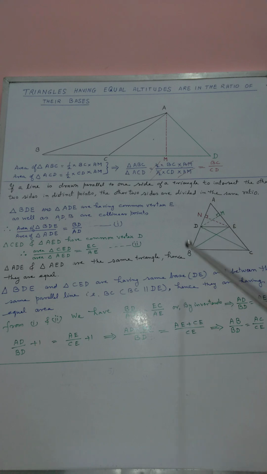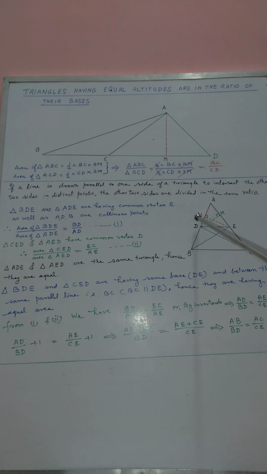Here you see ABC is the triangle and DE is the line which is parallel to BC, and DE intersects the line AB at D and AC at E, two distinct points, that is D and E. From D we drop a perpendicular, that is DM, and from E, EN.